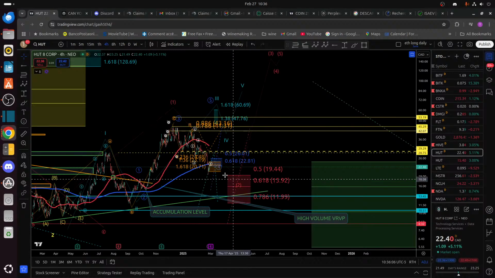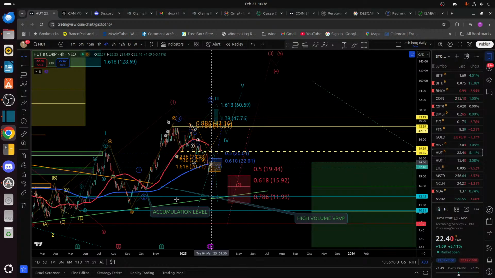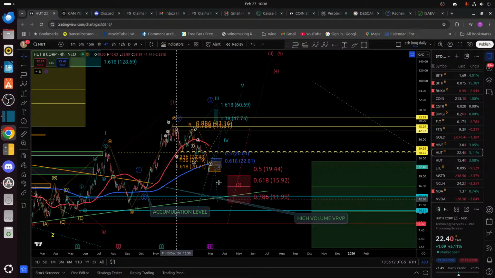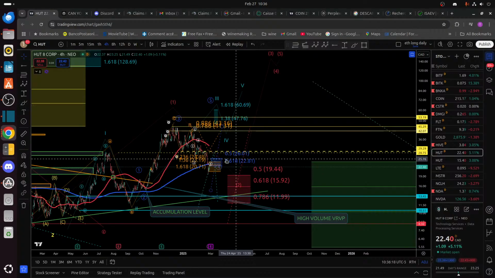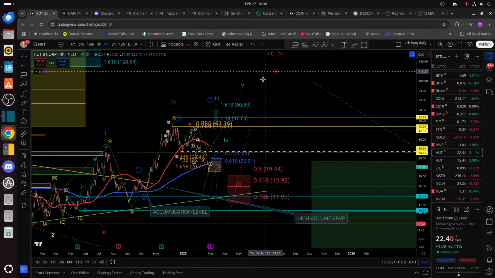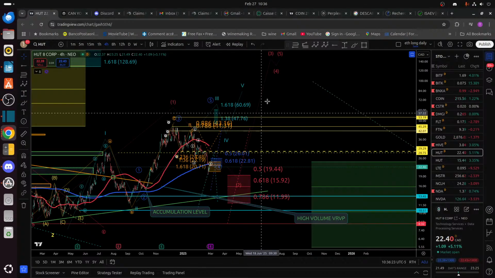You can see that we almost reached the 0.5. So even if price goes lower, there is always a count that we still have a bullish count, and could potentially be working soon on that bigger third wave.